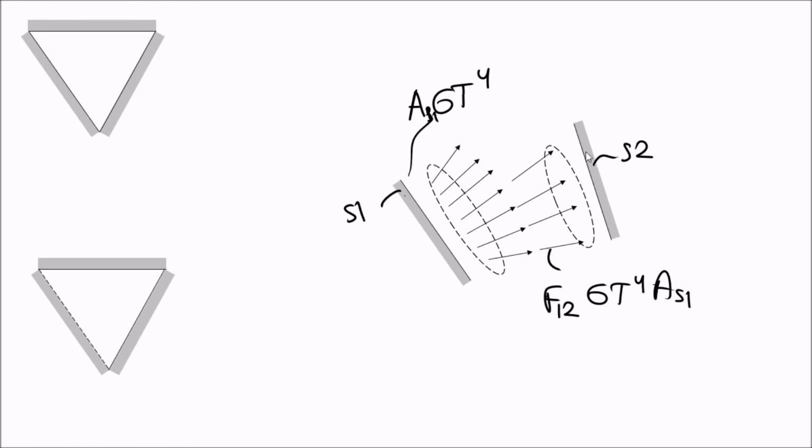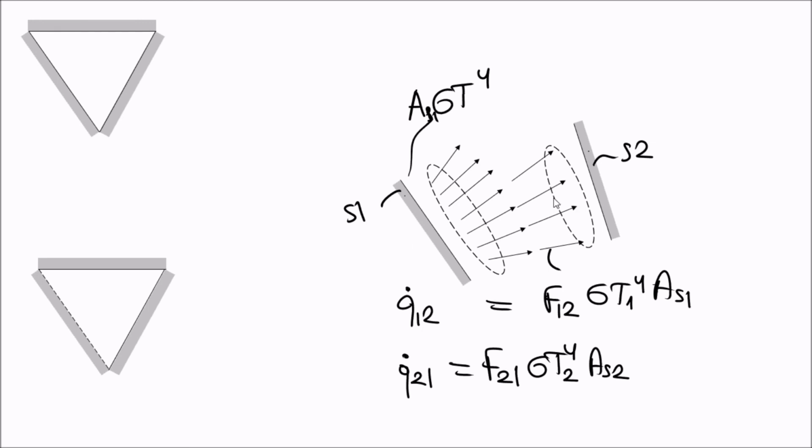Similarly, the same thing happens for surface 2. Some radiation leaves surface 2 and reaches surface 1. So this one is Q dot 1 to 2, and we can write the same thing as Q dot from 2 to 1. It will be the view factor from 2 to 1 times sigma T to the power of 4, with temperature 1 for this one, temperature 2 for the other, and AS2.